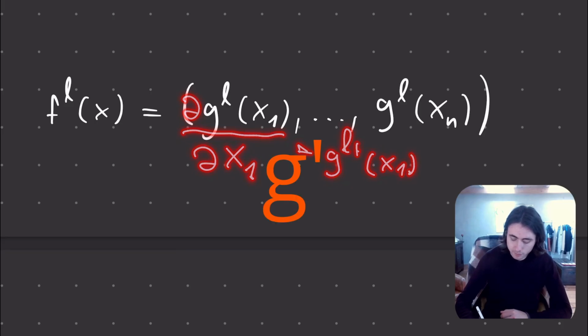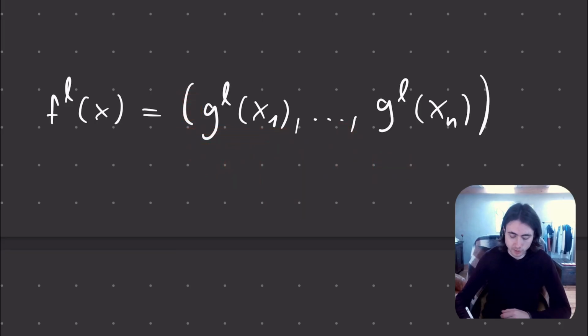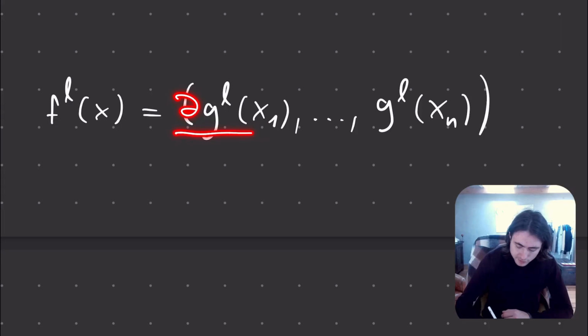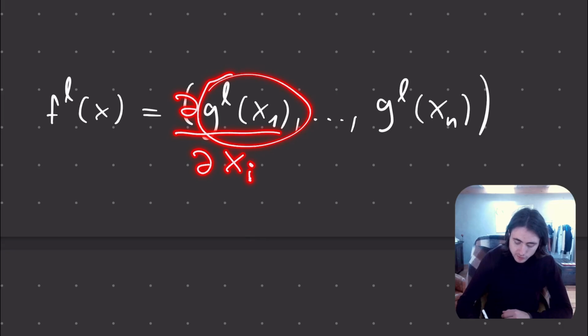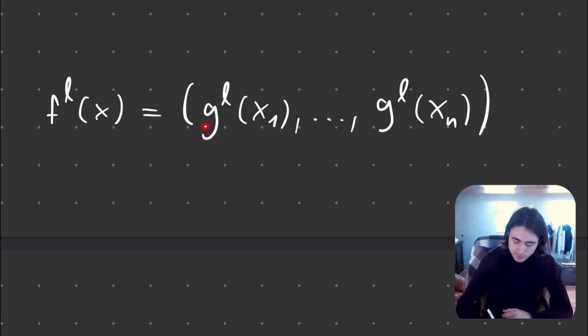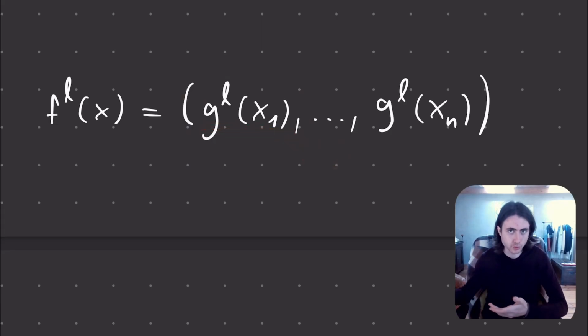Because g prime is well defined for a one-dimensional function. However, if I take the derivative with respect to any other parameter, which is not 1, well, since this component function doesn't depend on any other parameter other than x1, this entire expression just goes to 0 if I differentiate it with respect to other parameters.